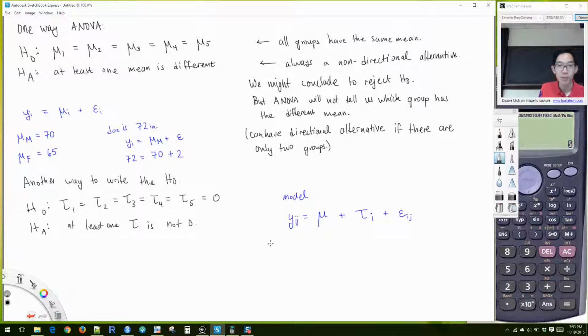In this case, the overall mean, the mean height for everybody, is maybe 67.5 inches. And then we say there is an effect. We call this the group effect. If you are male, the group effect is we add 2.5 inches. And if you are female, the group effect is taking away 2.5 inches.